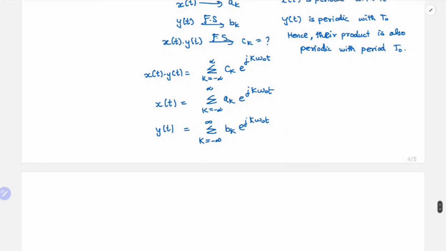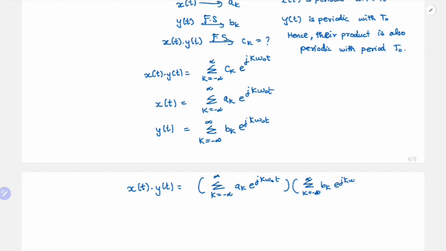So now let us multiply these two equations. So what will we get? Summation k equal to minus infinity to infinity of ak e power jk omega naught t into summation k equal to minus infinity to infinity of bk e power jk omega naught t.